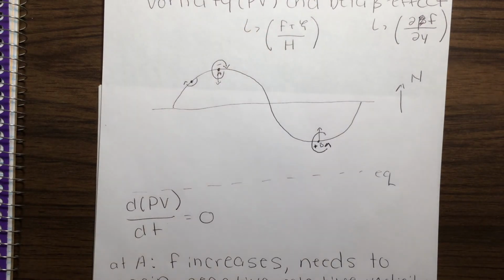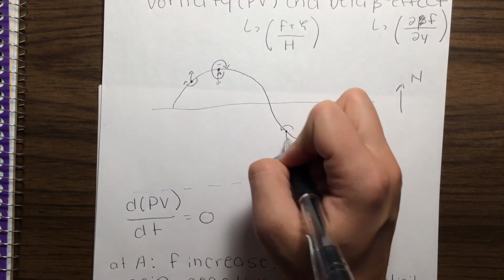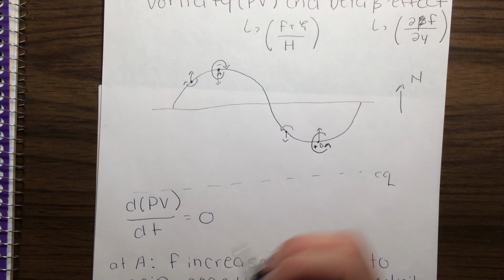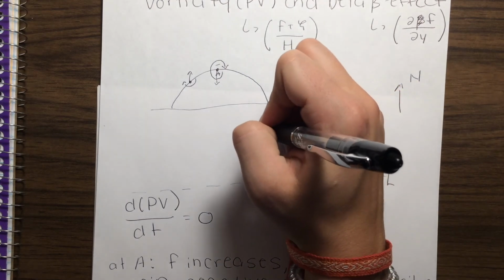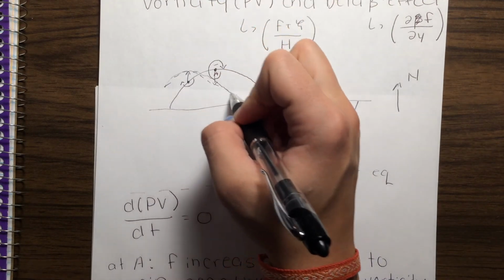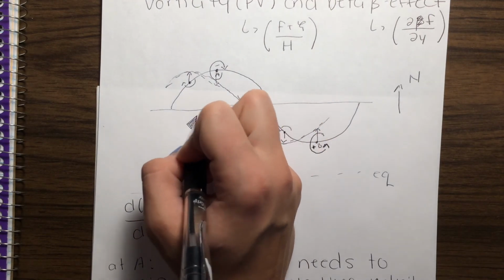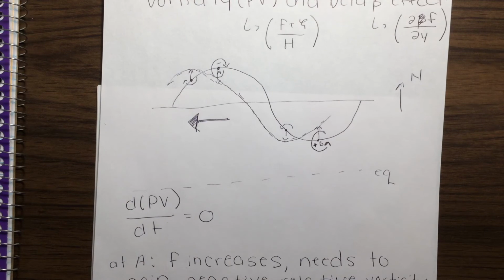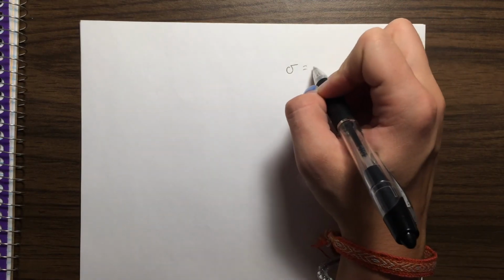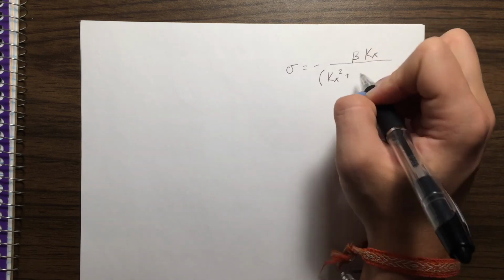We can use the same reasoning at other points as such, and we find that this wave will propagate to the left, or to the west. This is true of all Rossby waves, as they always propagate to the west. Our dispersion relationship for Rossby waves is shown here, along with the dispersion diagram.